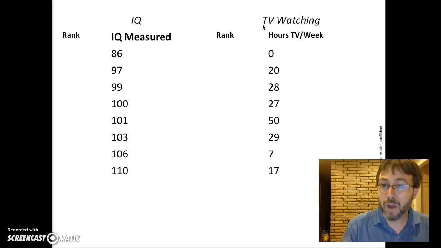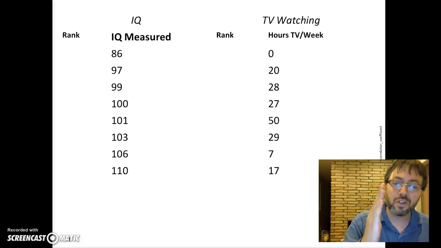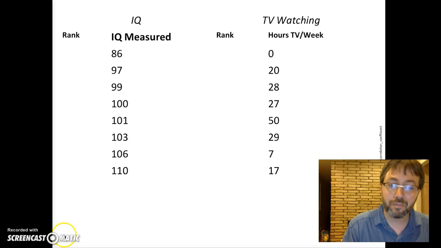The Spearman rank correlation coefficient does not use the actual score for either variable. Now Pearson, where we had the blue graphs at the beginning, plots the hours of television watching on the bottom as a predictor variable, and the intelligence quotient going up the y-axis as an outcome variable.